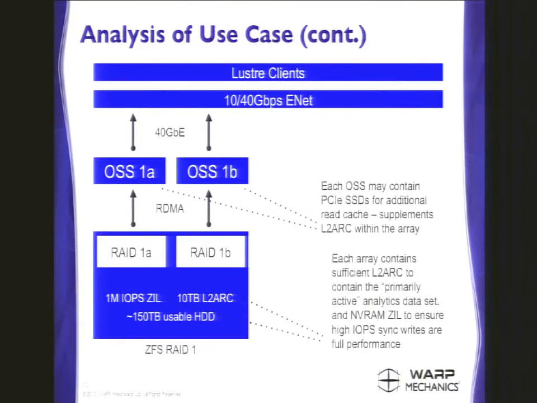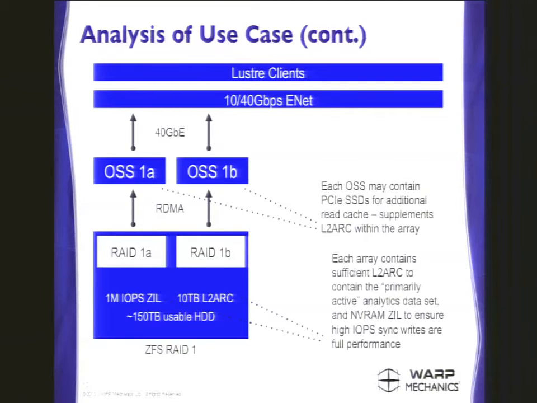Okay, so that's how you basically handle read caching. Within this media system, we have 10 terabytes of ZFS L2ARC currently in each 4U enclosure. After RAID overhead, it's 150 terabytes usable capacity.